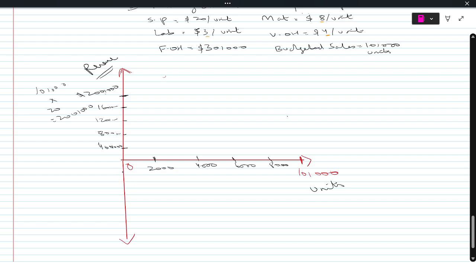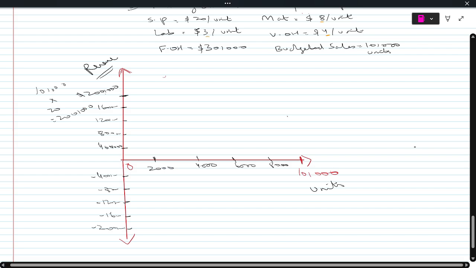So that is going to be negative 40,000, negative 80,000, negative 120,000, negative 160,000, and negative 200,000. So you just extended it downwards on the y-axis also.